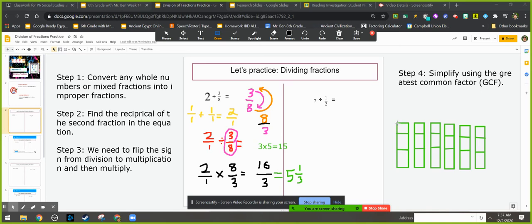So if I fill this in, I know that this is 1 whole filled. So that's 3 parts. 4, 5, 6 parts. 7, 8, 9 parts. 10, 11, 12 parts. 13, 14, 15 parts, and then 16 total.